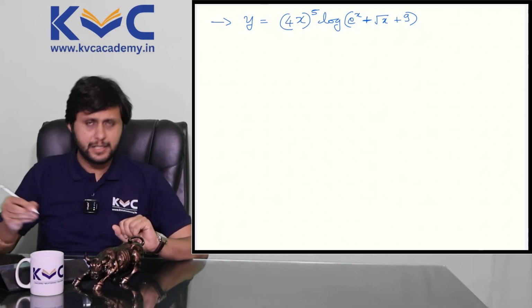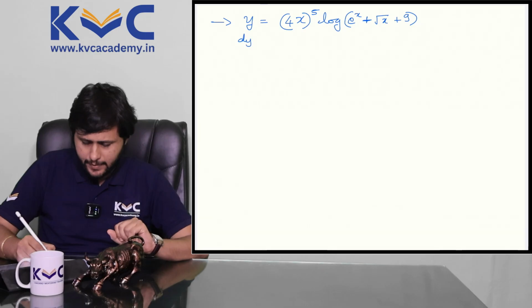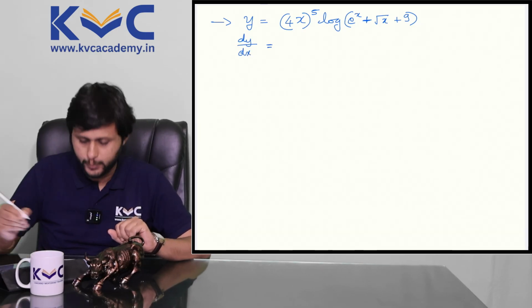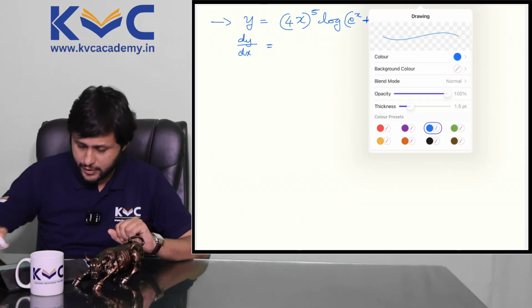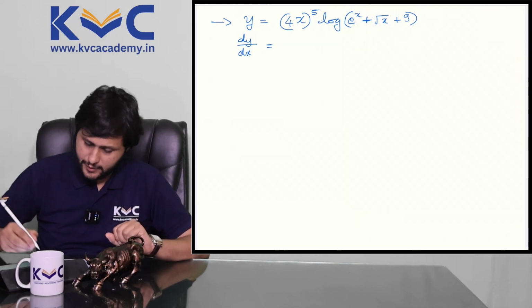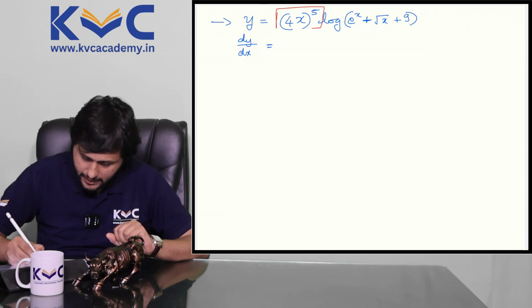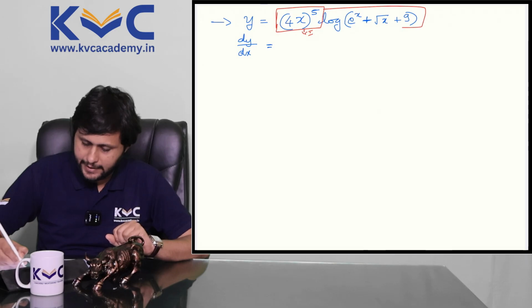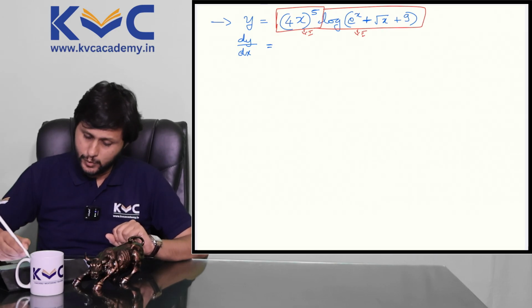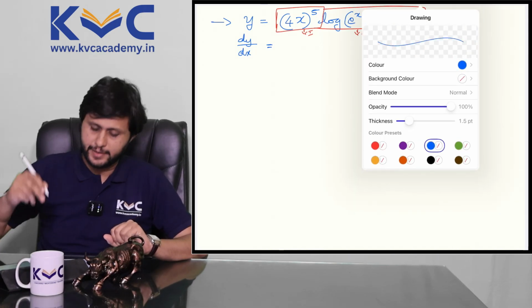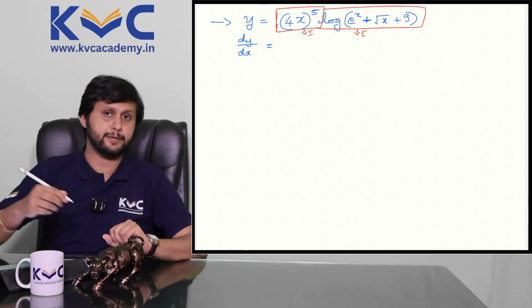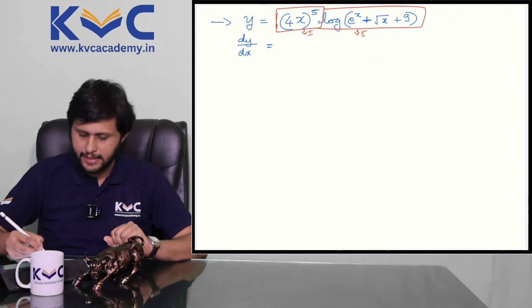Okay, so first left hand side will differentiate dy by dx. Differentiation of y with respect to x is equal to, how many functions do we have? We have the first function, like I did earlier, I'm gonna mark it as the first function, and we have the second function over here. Okay, fine, we'll follow the rule now. We will differentiate first function, second function as it is, differentiate second function, first function as it is.